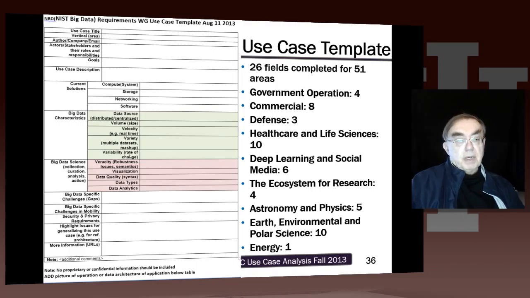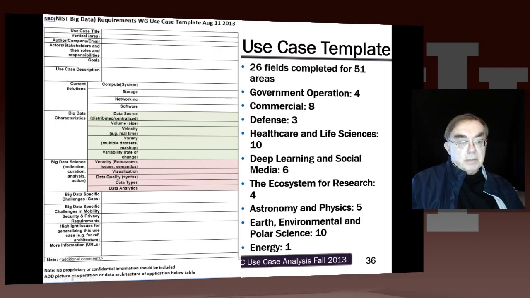Here we use variety to describe the number of different types of data, and variability is the change in the size and nature of the data, and to what extent it is constant in time. Then we come to veracity, which is the robustness and the semantics of the data. We have the visualization of the data, and the quality.